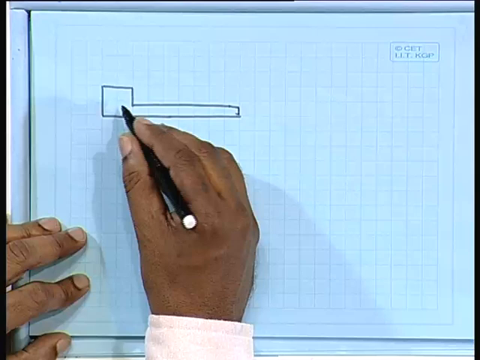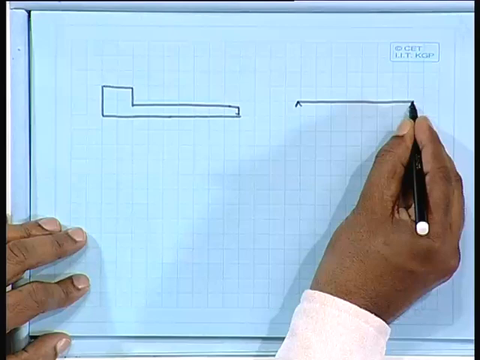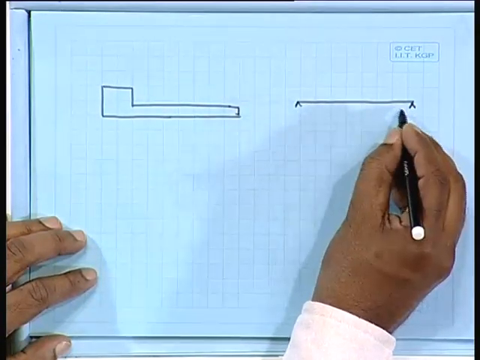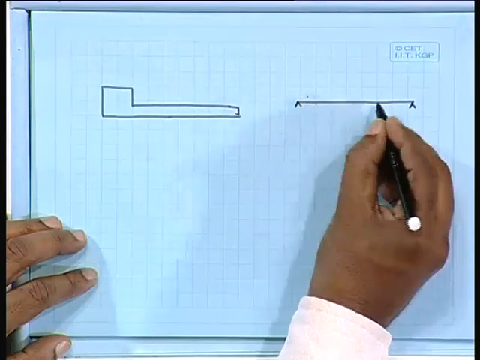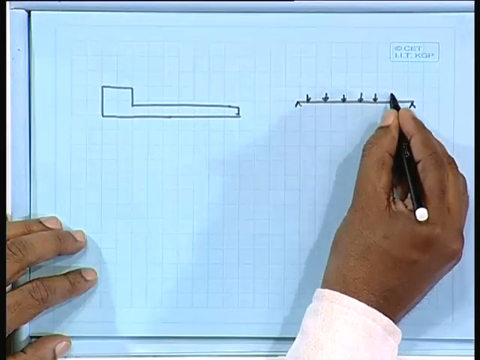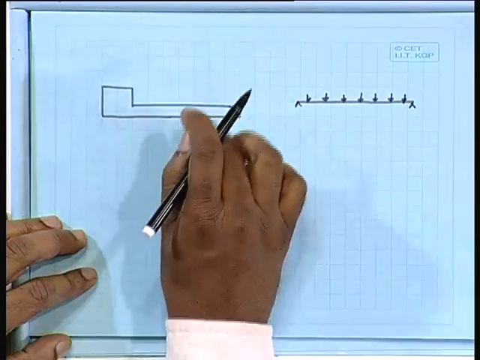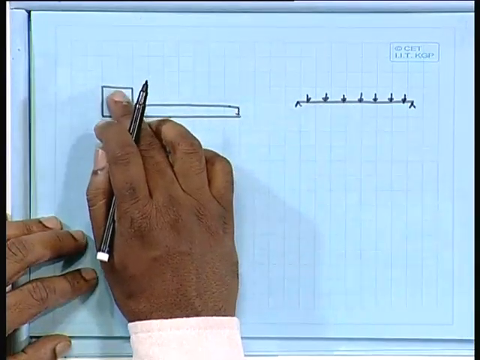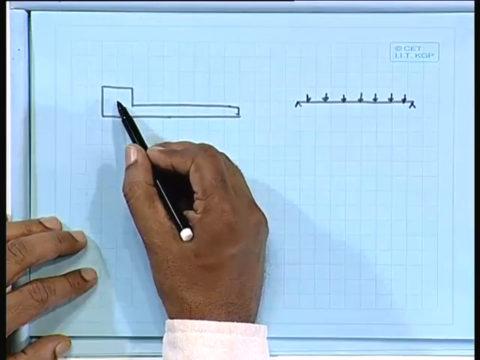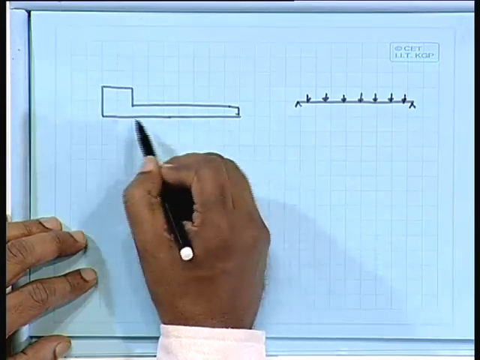So, obviously, you will find that if you take one beam like this, maybe simply supported also possible, in that case, what will happen? Then you will find not only the bending moment or forces acting here, you will have torsion due to this moment. So, that means here you have to design for torsion also, and this beam you have to design for bending moment, for shear forces, as well as for torsion developed due to this slab.